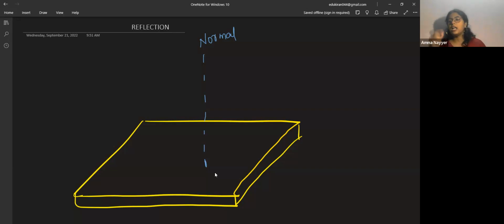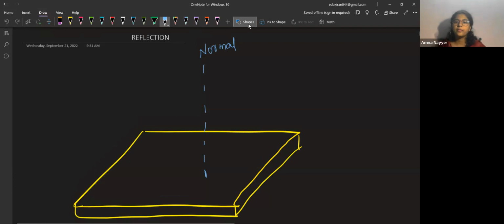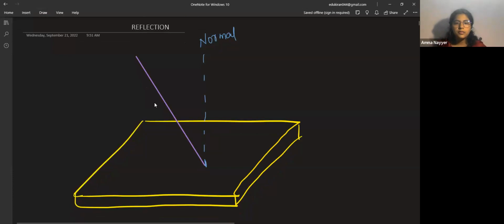Now, whenever a light ray which was moving strikes a surface, because it's not necessary that every time it is striking an object, this ray of light, because this is not a complete light, that's why we are using the term ray, which is striking is known as the incident ray.